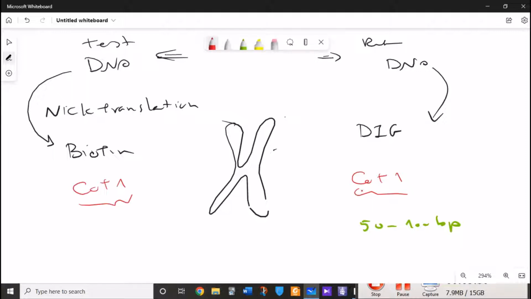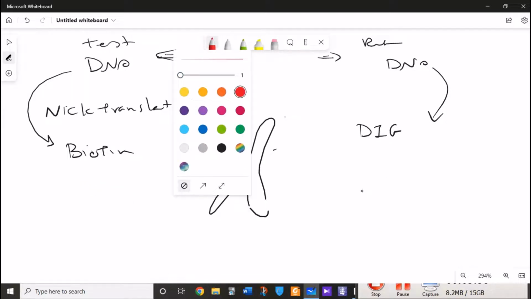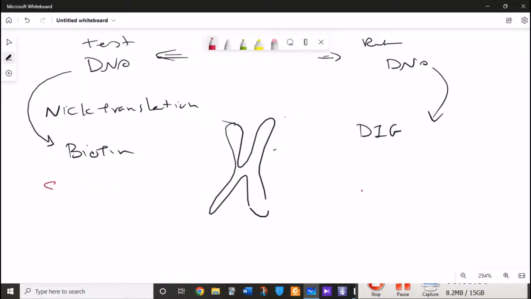After adding Cot-1 DNA to both DNA samples, we add streptavidin and FITC to the test DNA, and digoxigenin antibody labeled with FITC to the reference DNA.